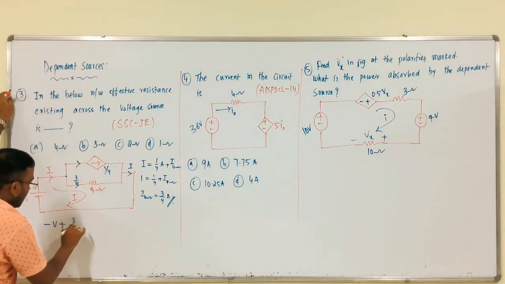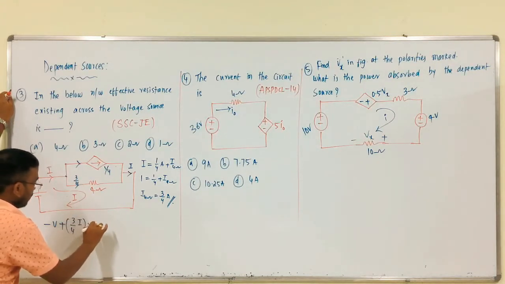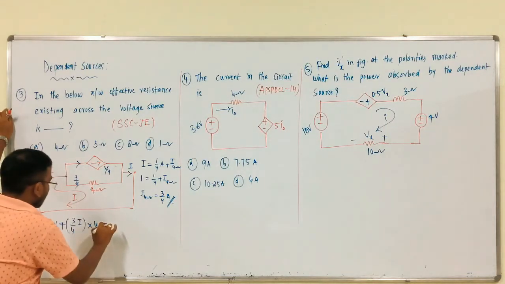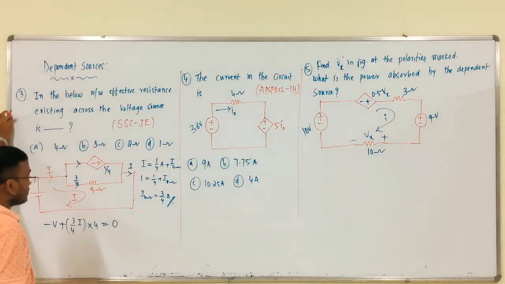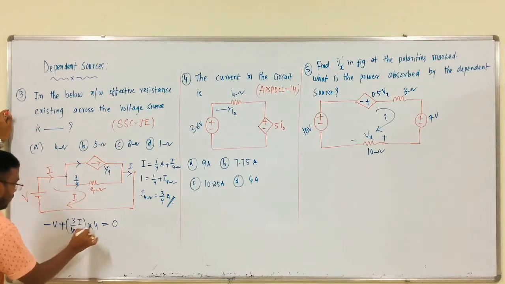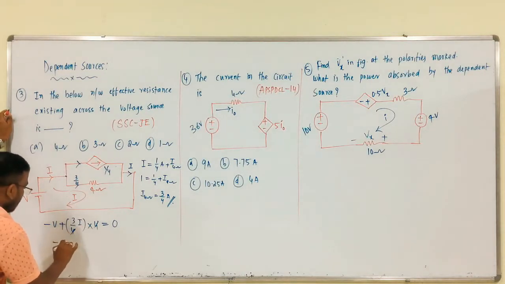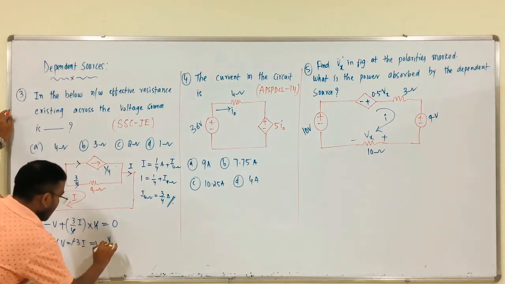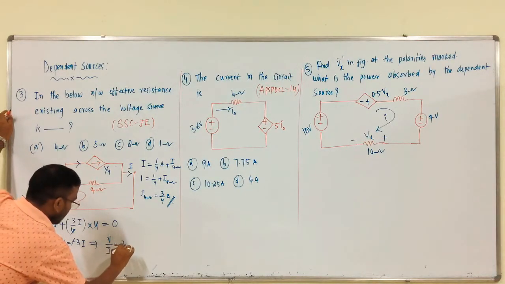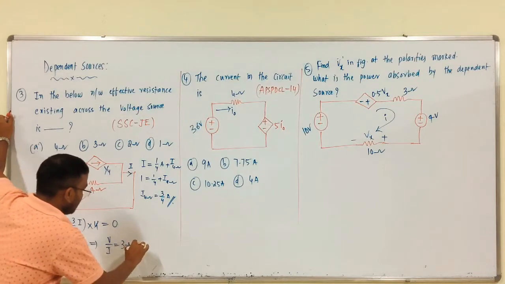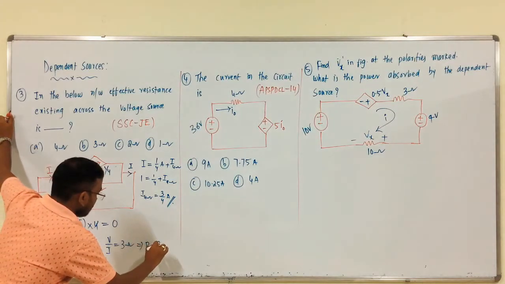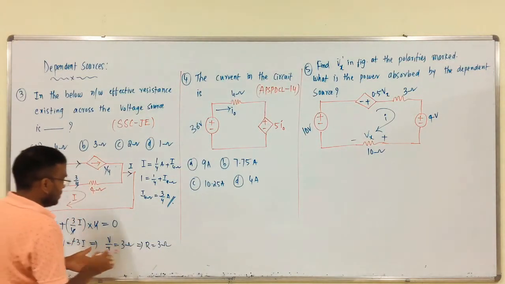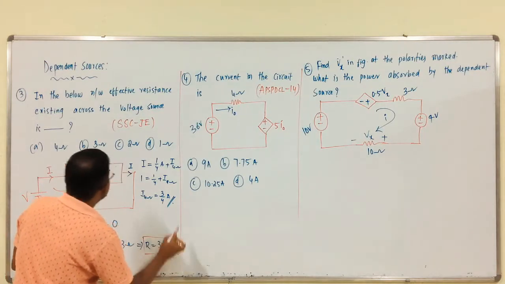That is 3 by 4 into I into 4, right, which is equals to 0. Therefore, 4 gets cancelled, minus V is equals to minus 3 I, which is equals to V by I is equals to what? 3, which is equals to R is equals to 3 ohms.